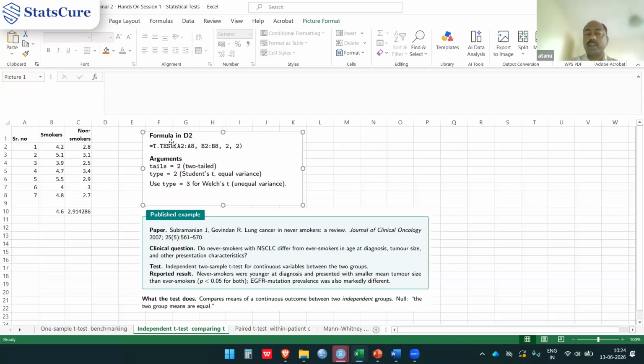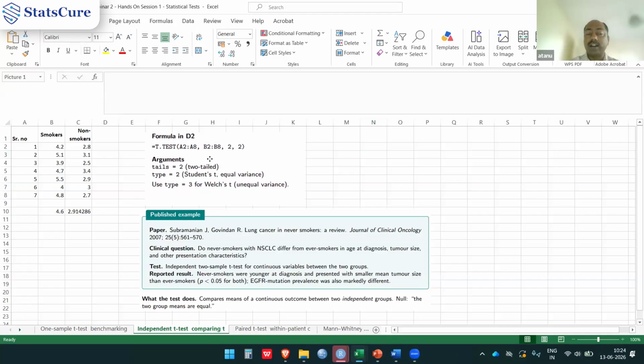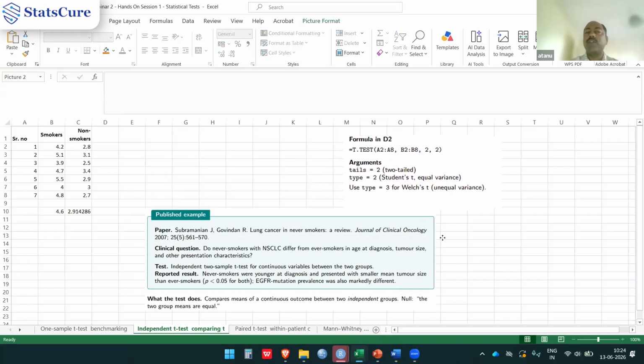But as Oindrila has already opened the file, it shows the correct structure, where we have three columns. The first column is the ID or serial number, followed by the hemoglobin level, and the third variable is smoker and non-smoker. So eventually you can calculate the t-test or p-value over here, but this is not the correct approach or data structure. Aligned with this correct data structure, now over to Oindrila.